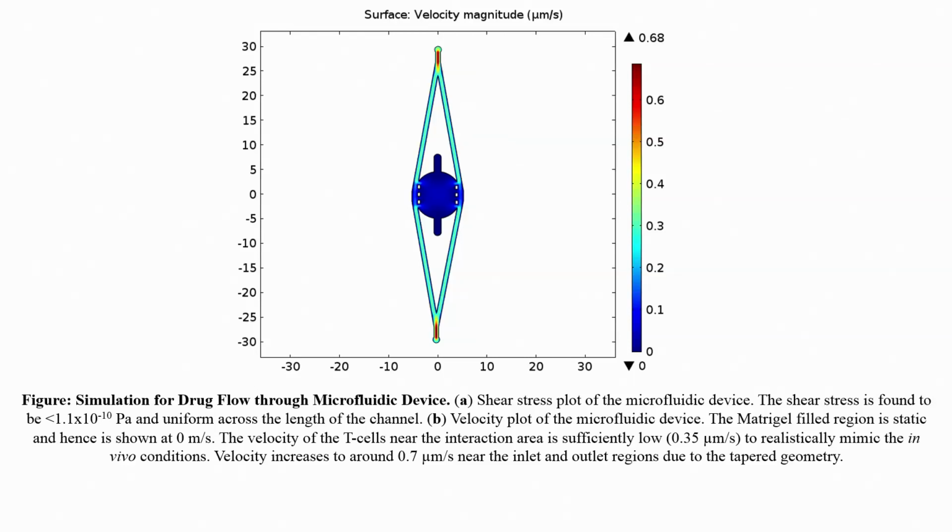And we have not shown you the shear plot, but the velocity plot which is shown here, the material filled region is static and hence is shown as 0, right, while the velocity of T cells near the interaction area is sufficiently low to realistically mimic the in vivo condition. Velocity increases to 0.7 micron per second near the inlet and outlet regions due to tapered geometry.